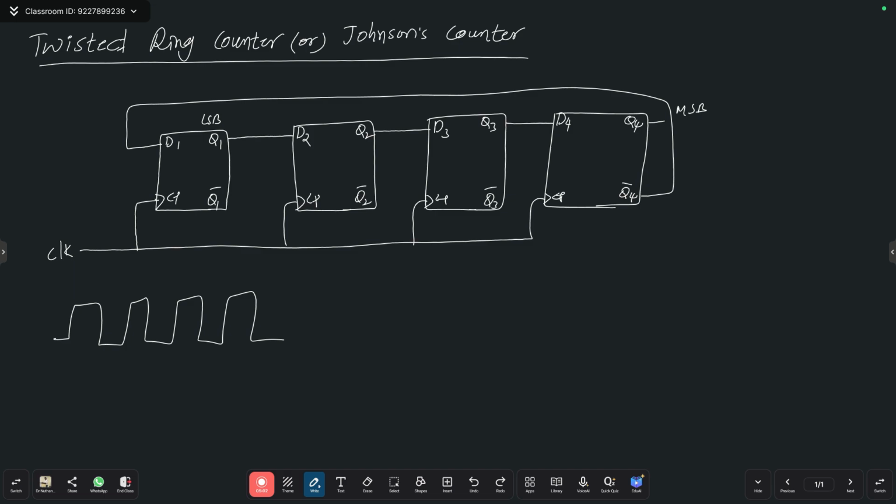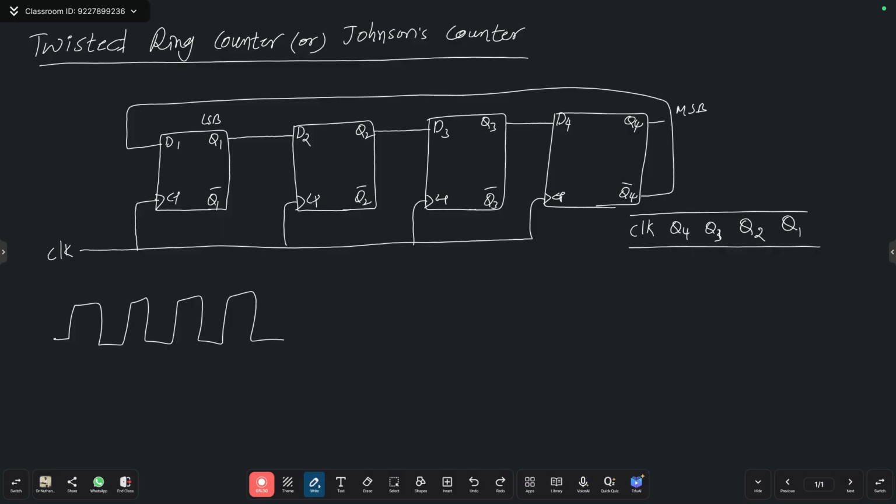So how will the truth table be constructed? First one is the clock. Then Q4, Q3, Q2, and Q1. These are the states we are going to consider. Then we need to check how this is going to work.